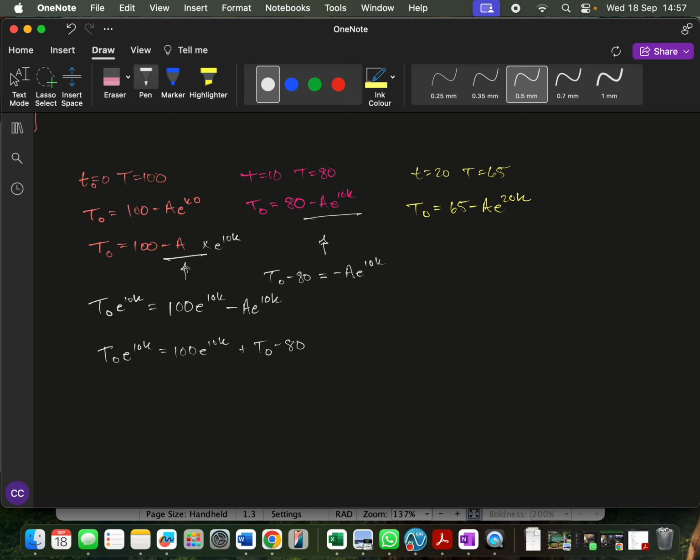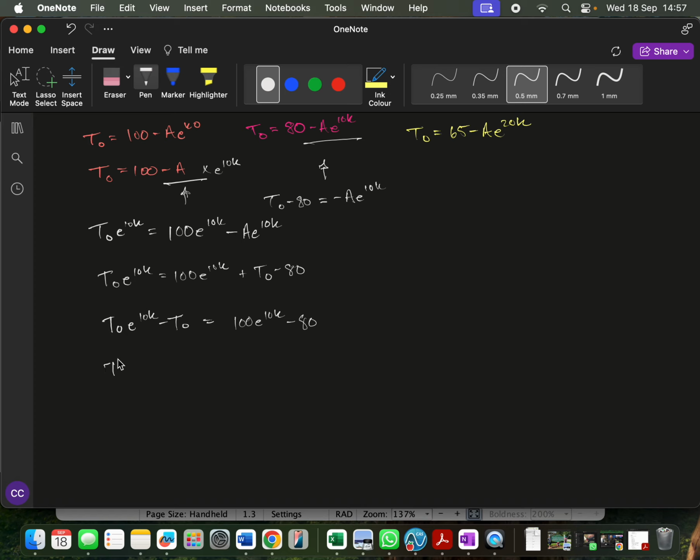Getting my T0s together, I would have T0 e to the 10k minus T0 is the same as 100 e to the 10k minus 80.